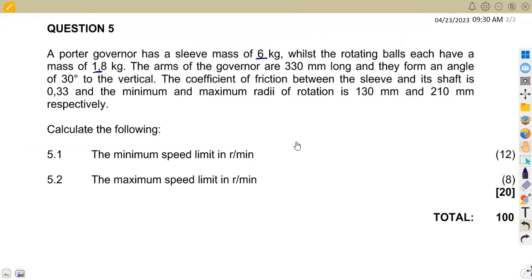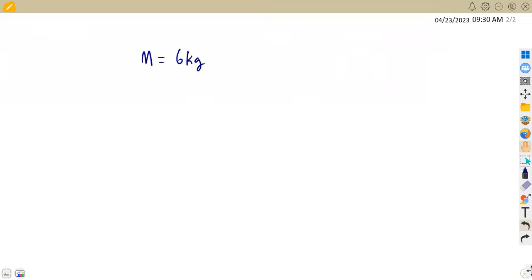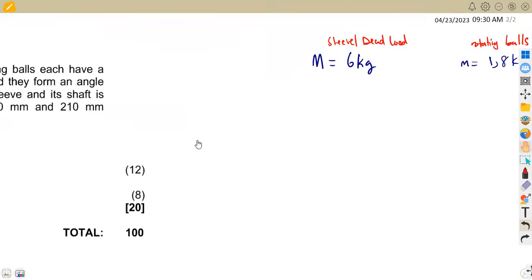So the rotating balls have the small letter m. That is 1,8 kilograms, for the rotating balls. And this is for the sleeve, that is, we are dealing with the dead central load.